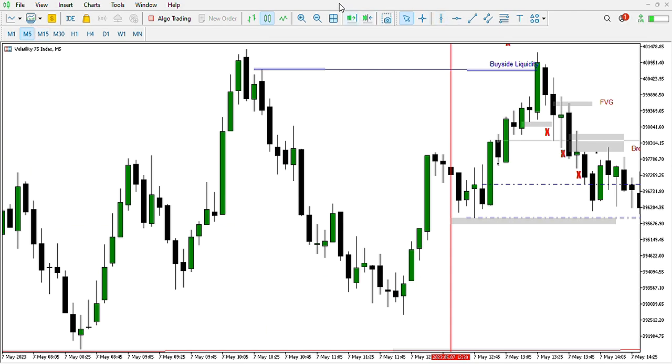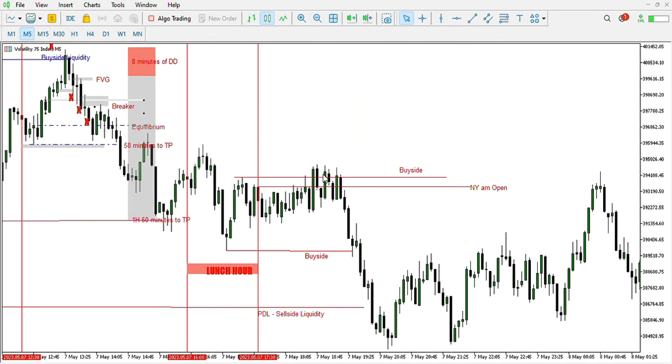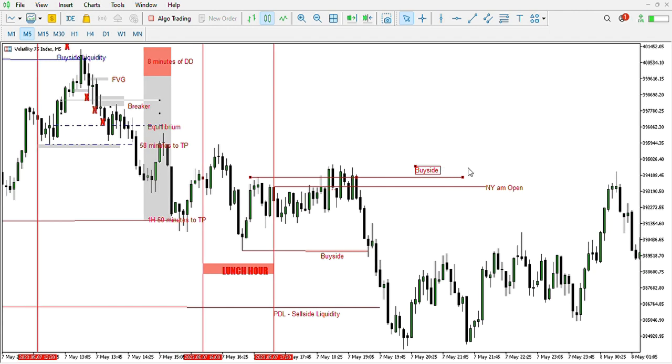So let's go to the 5-minute chart. So here, do you see how clean those highs are? Do you see that? Basically, it was just consolidation when the session opened, right? So I'm just gonna take this line, move it over to this side, and then call it buy side.